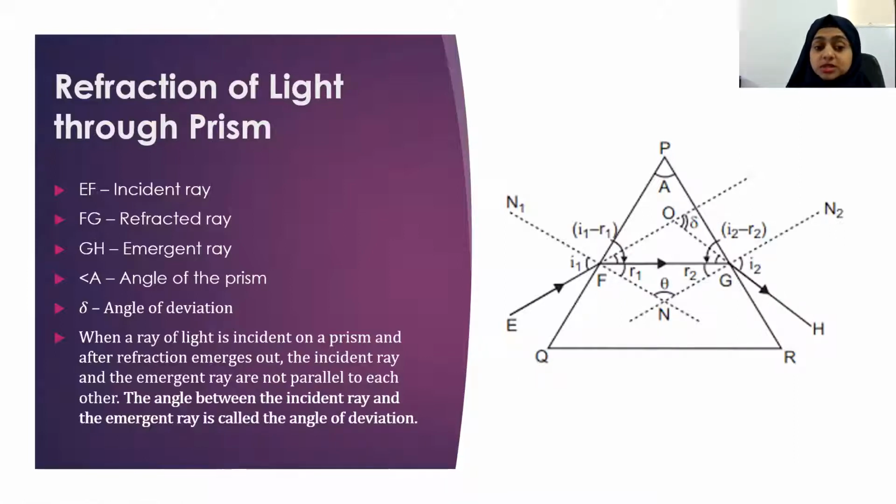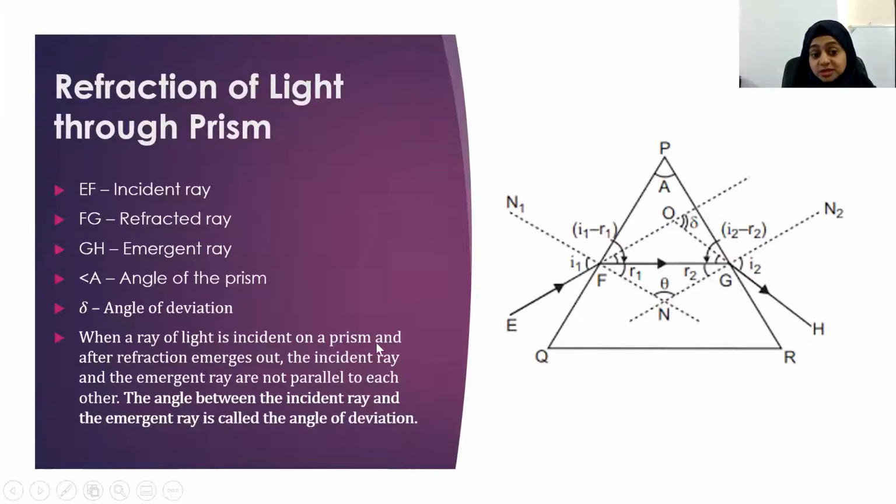Can you tell me what is the angle of deviation? Delta. Delta, what is it in a sentence? It is the angle between the incident ray and the emergent ray. The angle between the incident ray and the emergent ray is called the angle of deviation. Is that clear to you?